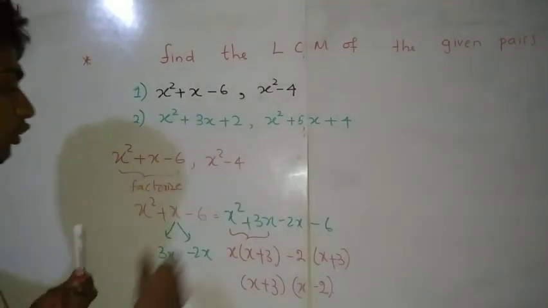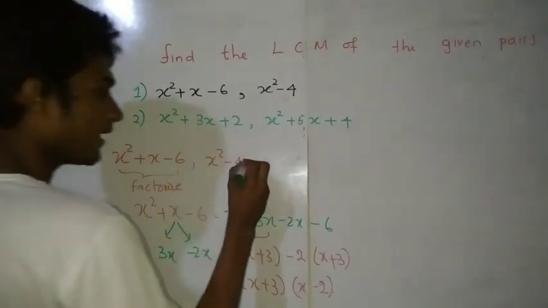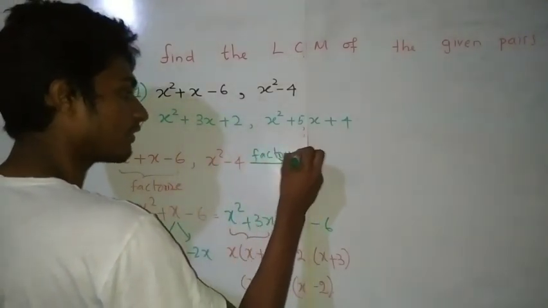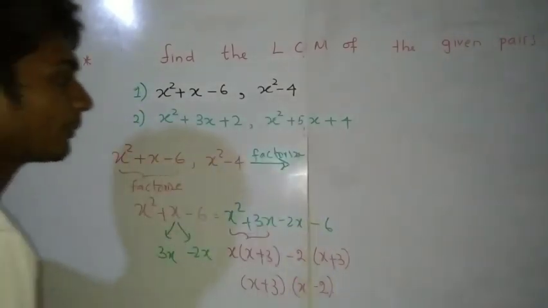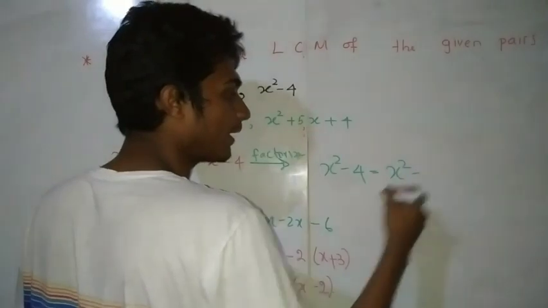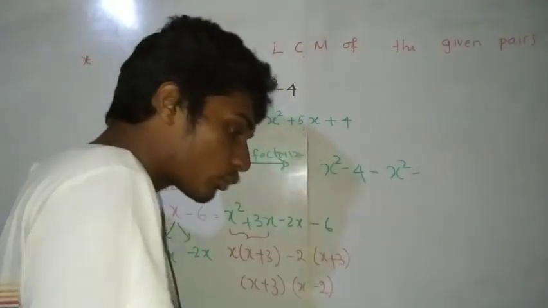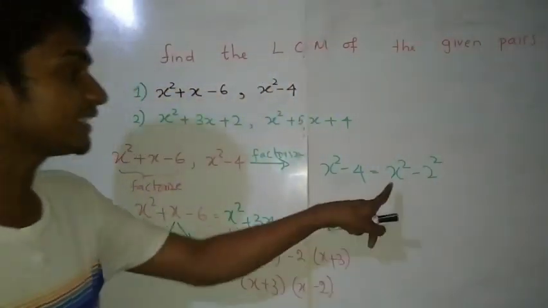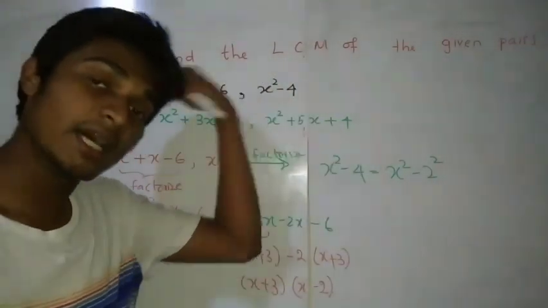The next one is we have to factorize x squared minus 4, right? x squared minus 4 can be written as x squared minus 2 squared, since 4 is 2 into 2. When I have something like this, it is the difference of two squares, right?